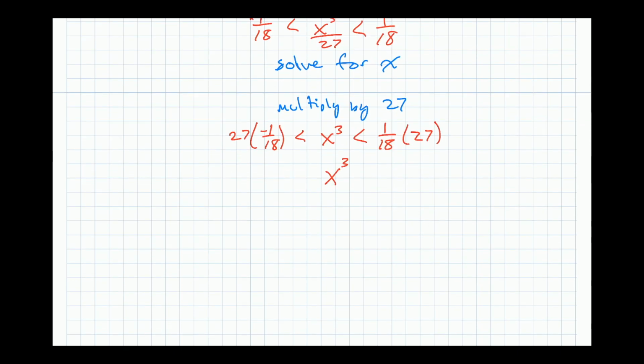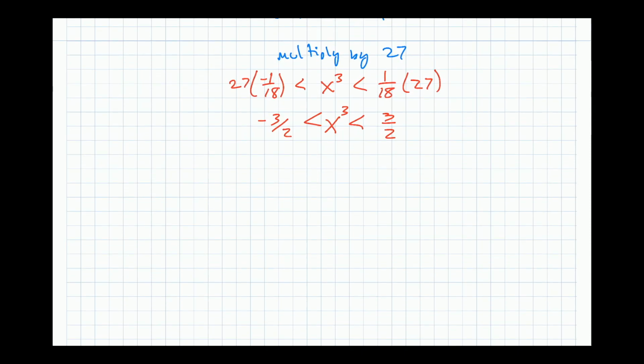So you get x cubed in between, 27/18 is actually 3/2, -3/2. And then we're trying to solve for x, so you should cube root both sides. So you cube root everything, and you're going to get -3/2 to the 1/3 less than x less than 3/2 to the 1/3.